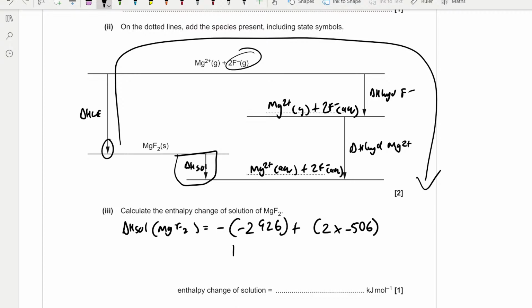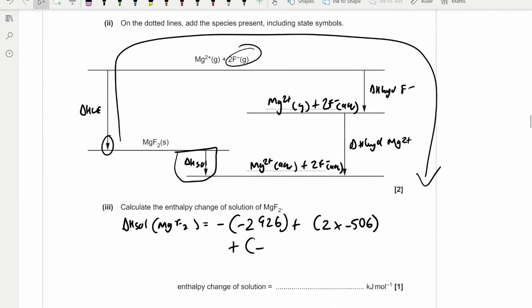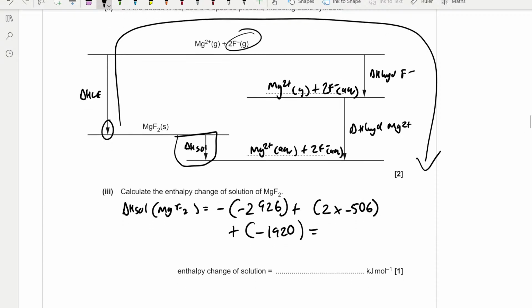And we're also going to need our hydration of Mg2 plus, which we just have one of, which is minus 1920, which gives us a value of, when we put it in the calculator, minus 6 kilojoules per mole.